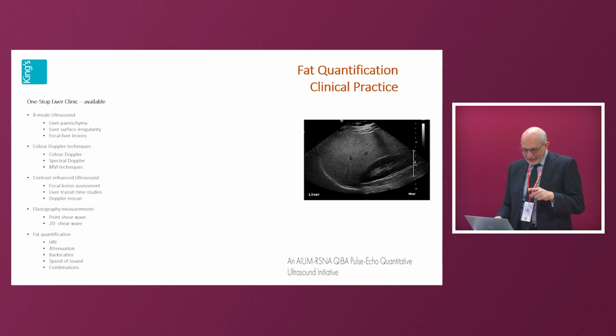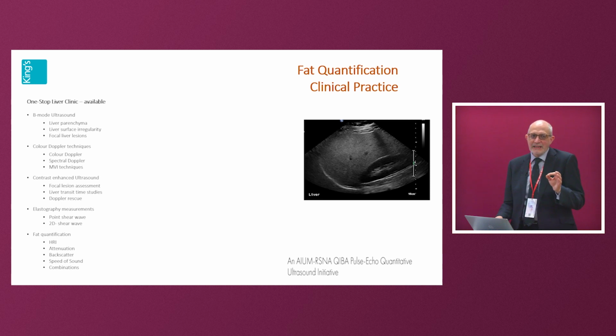So I'm going to end up just telling you now that in clinical practice what you've got is a one-stop clinic. You've got your B-mode ultrasound for liver examination. So you can look at the liver parenchyma, the liver surface irregularity, and you can see focal liver lesions. You've got your color Doppler, you've got your spectral Doppler, and you've got microvascular imaging now, which tells you the unique features of tumors, vessels, the hepatic artery, all of this very carefully.